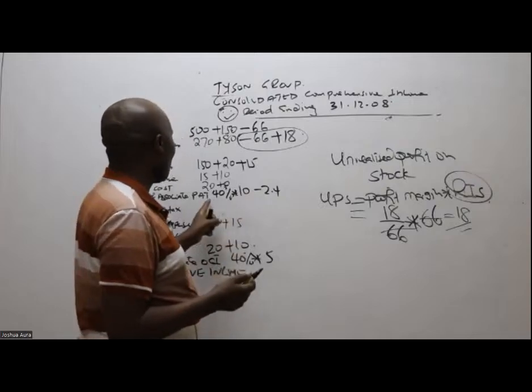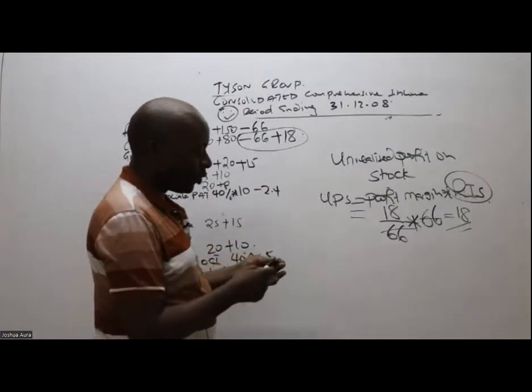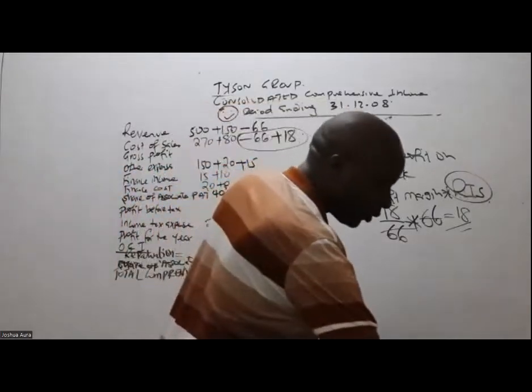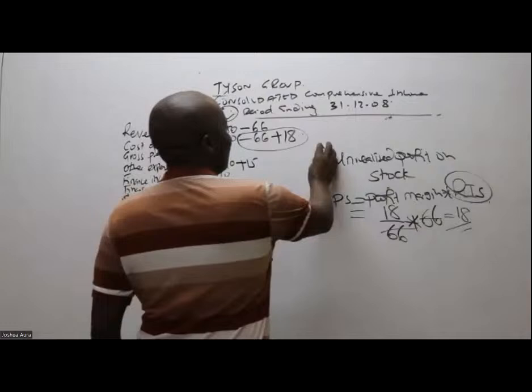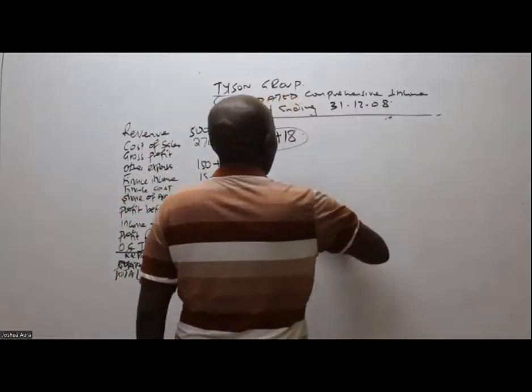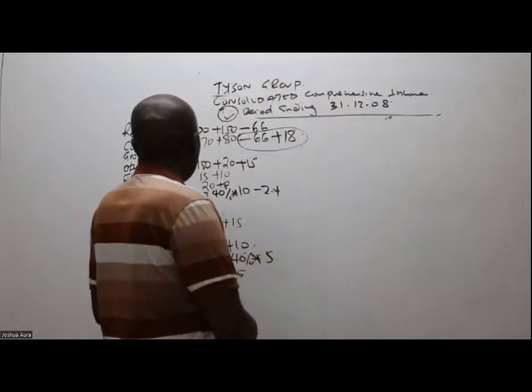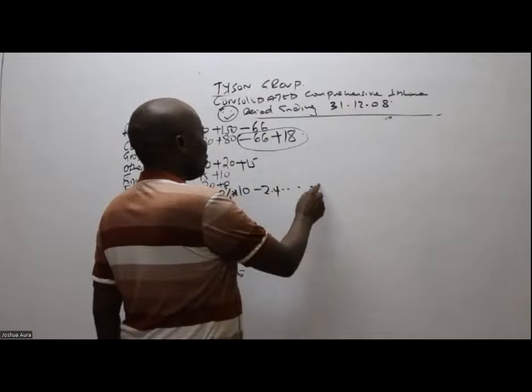So could you kindly, first of all, give me this answer for the associate? How much value should I put here?